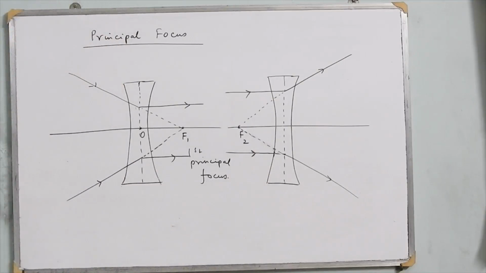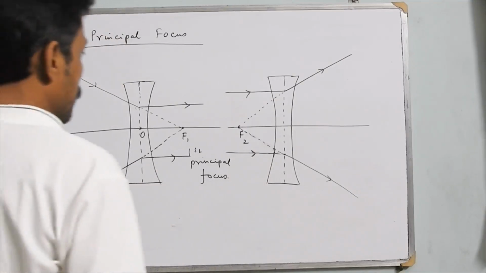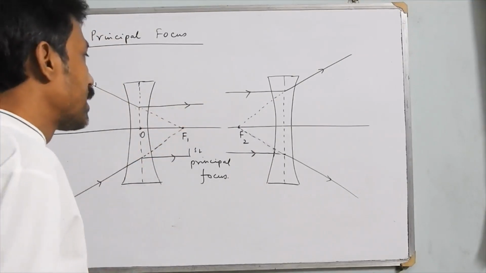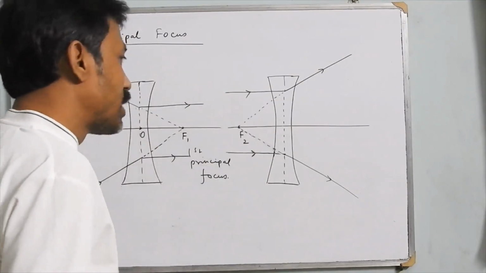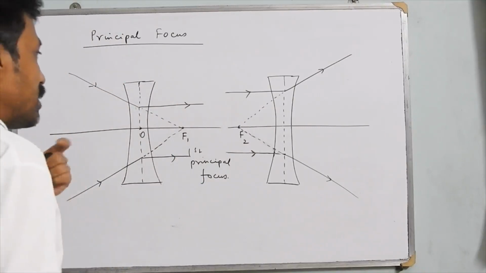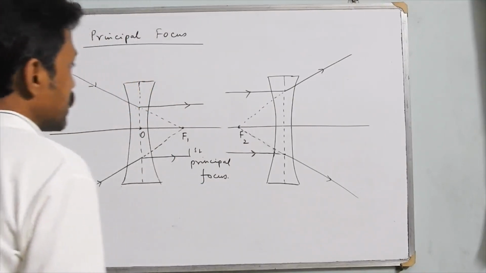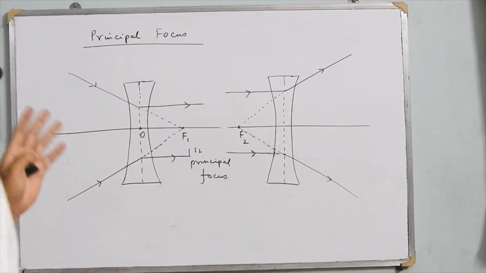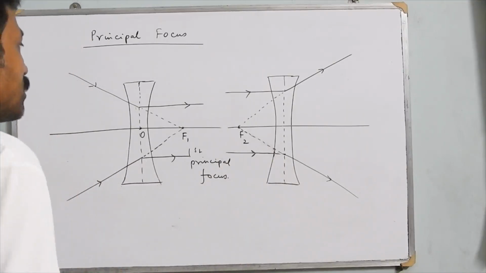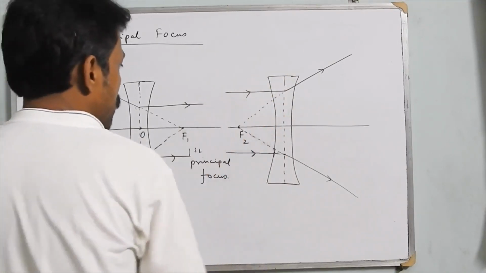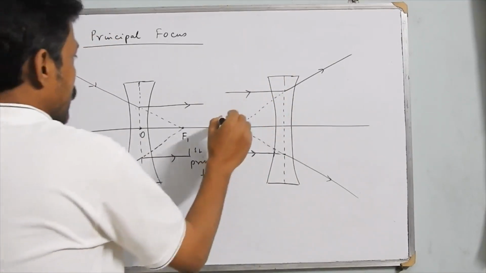With respect to the convex lens, we observe that a parallel beam of rays after refraction converges to a point, and that was called the second principal focus. So it represented the converging action of the lens. However, in case of the concave lens, a set of rays parallel to the principal axis appear to diverge from a point, and that is called the second principal focus.